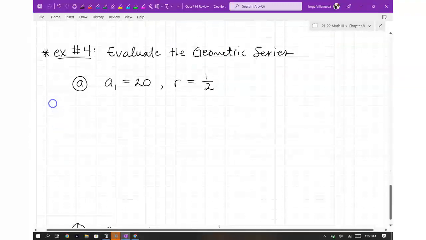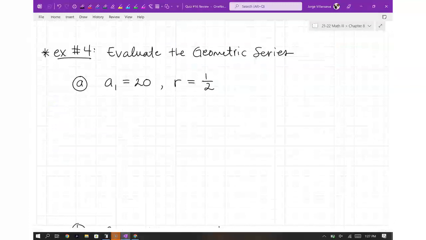So example number 4. Notice, evaluate the geometric series, which means add them all up, right? So you're thinking, okay, it's one of two equations, the S sub n equation or the S equation. You use S sub n if they gave you an n value. But if you look, this one doesn't have an n value.